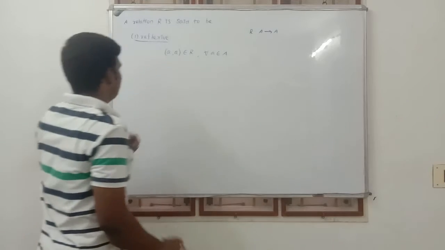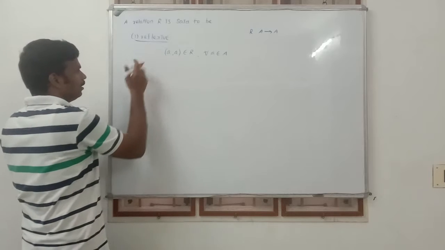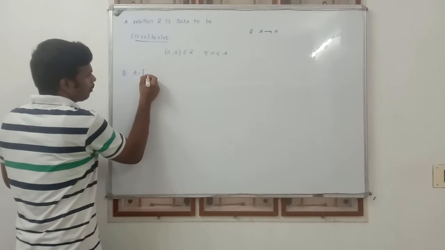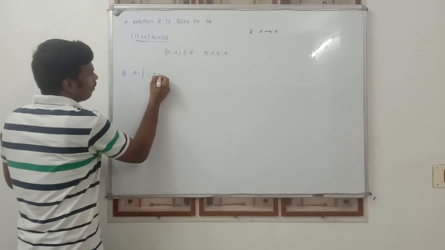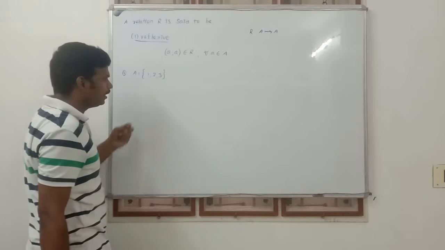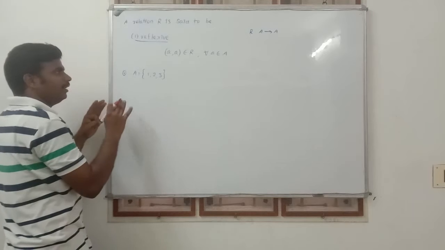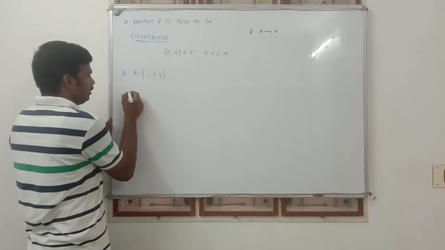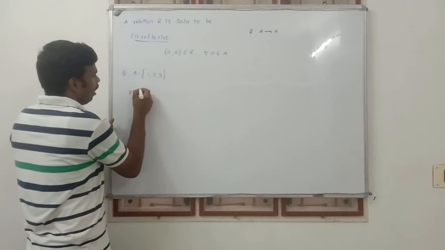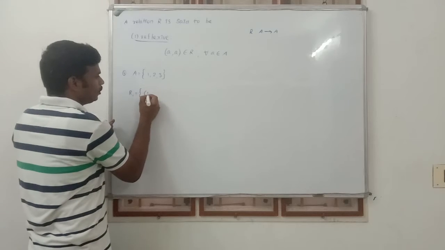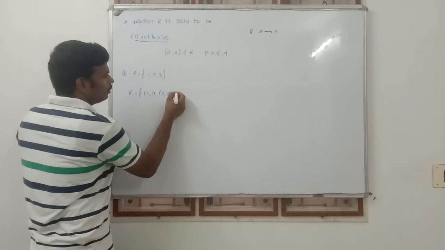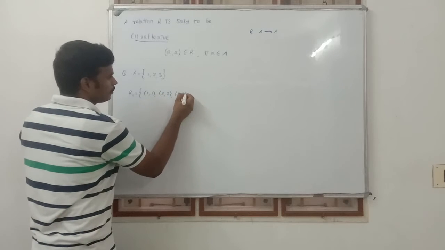For example, I will take the set A equal to {1, 2, 3}. In this set, we are going to discuss whether the relations are reflexive or not. The first one is R1, with elements (1, 1), (2, 2) and (3, 3).